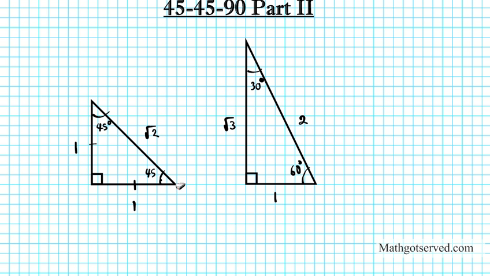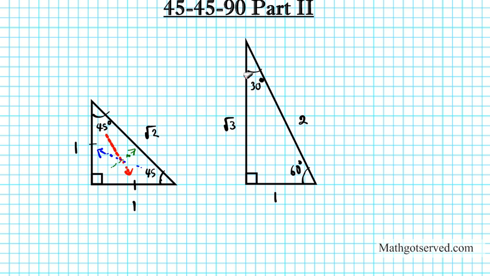What we need to keep in mind when using these triangles, which are like a compass, is where the side measures are relative to each angle. Opposite the 90 degrees, we have root 2 in the 45-45-90 triangle. Opposite 45, we have 1, and opposite the other 45, we also have 1.